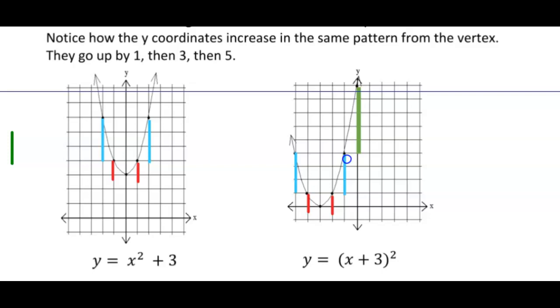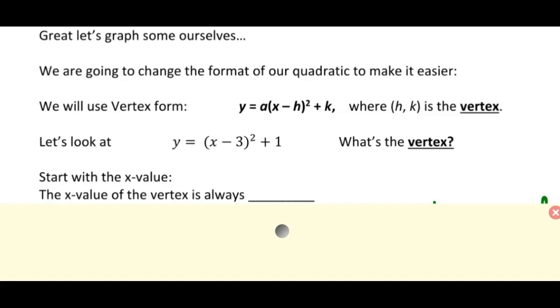So let's look at a little bit more terminology. So we're a little terminology heavy today, but that's okay. So we're going to learn how to graph some ourselves. To do that, we're going to put things into what's called vertex form, which means it's really easy to find our vertex from this, because as you can see, my h and my k from this form are defined by the form itself, okay?